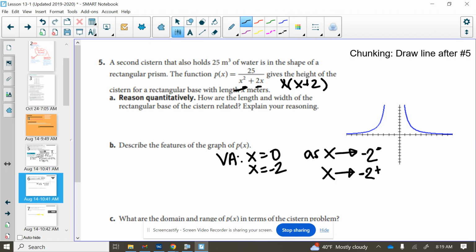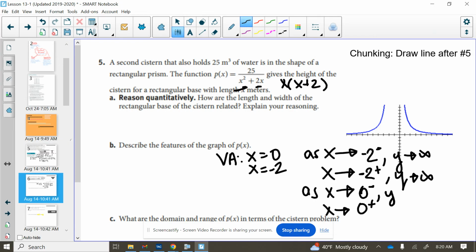Now, both pieces as we approach there happen to go to positive infinity, but we would have to talk about both sides. Same way we would talk about 0 from both the left and the right as well. And in both of these cases, the y's are going up to positive infinity, but you would have to talk about both ends.